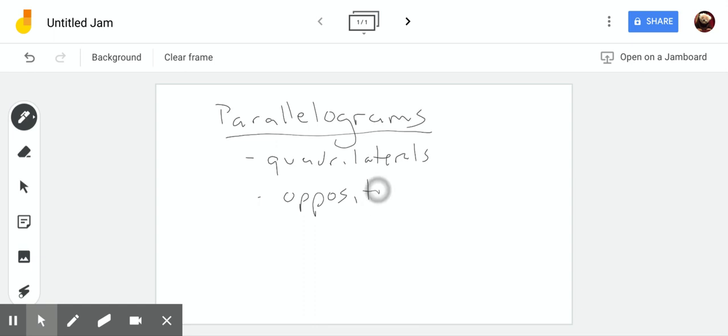Opposite sides are parallel. Now it looks like this. We've got this parallel to that, and this parallel to that.